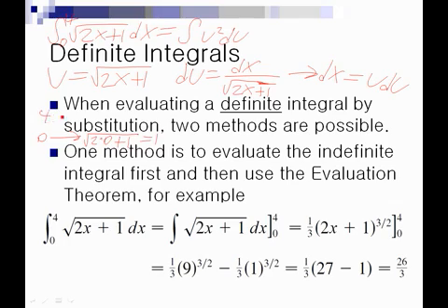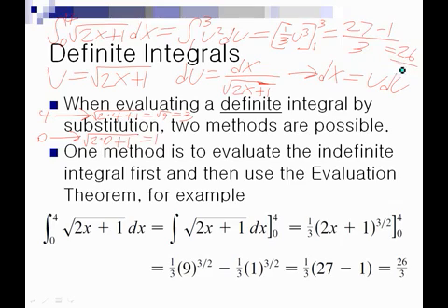And the 4 should transform into the square root of 2 times 4 plus 1, which is square root of 9, or 3. So that should transform into the integration from 1 to 3 of u squared. So you get 1/3 u cubed evaluated from 1 to 3. So you get 27 minus 1 all over 3, which is indeed 26 over 3, as expected.